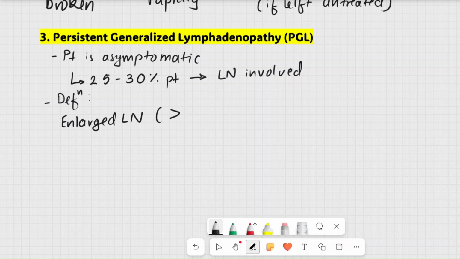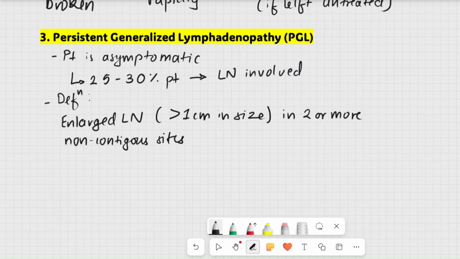They are increasing to more than 1 centimeter in size, in two or more non-contiguous sites, and that too, this whole thing is going to persist for at least 3 months. Then only you can say this is a case of persistent generalized lymphadenopathy.